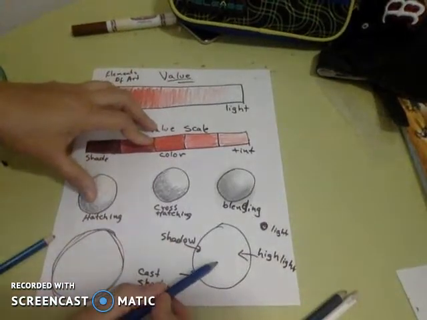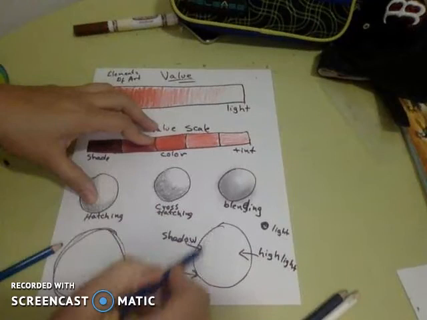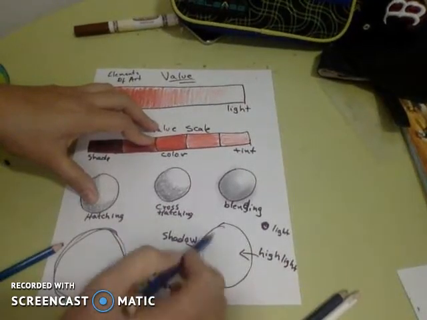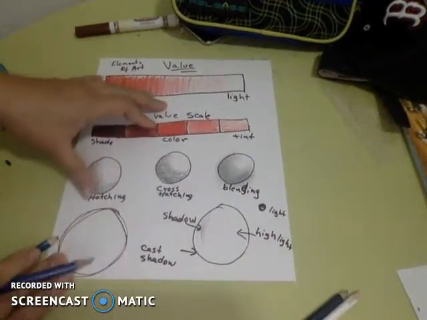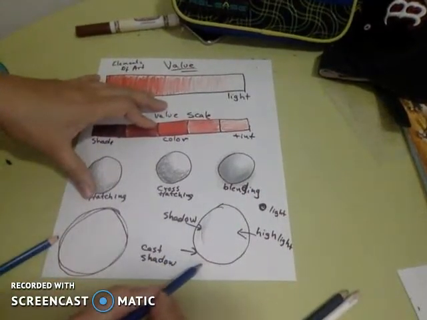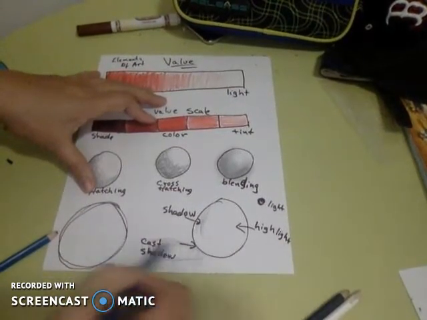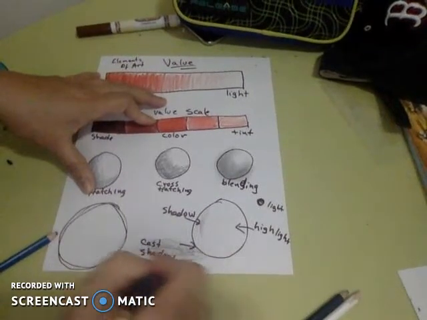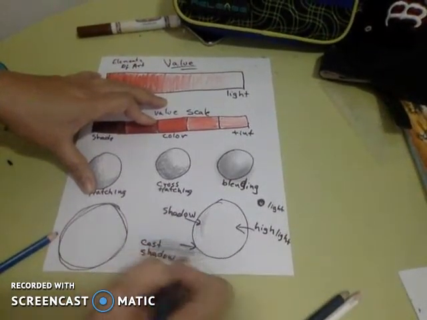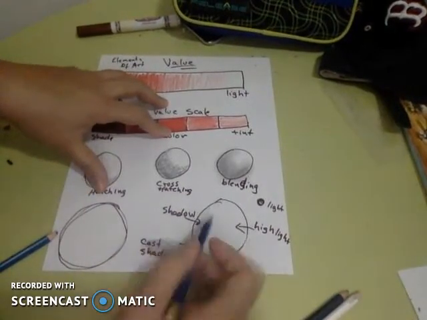So in here you have the shadow, which you can create with hatching, cross-hatching, or smudging, right? Let me lift that a little bit. And the cast shadow here, you can do however you want. You could do scribble, you could do cross-hatching, you could just color in with color pencils.